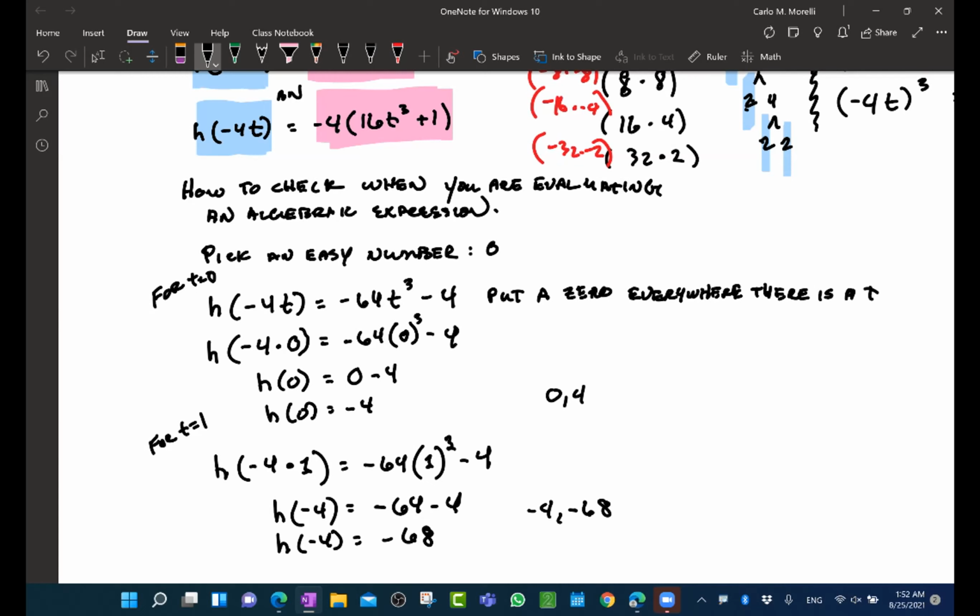Now, the fact that we've done that means that we can now create an equation. Remember this formula for slope. The slope is y2 minus y1 over x2 minus x1.